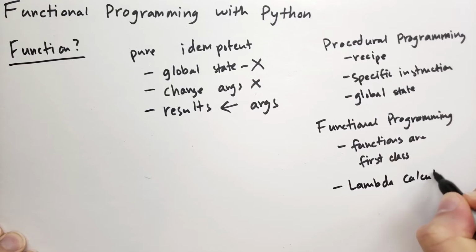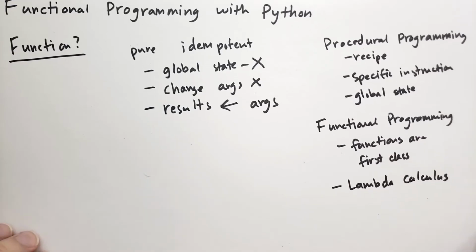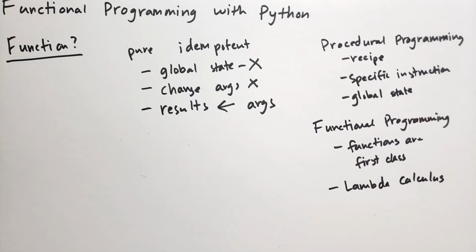Lambda calculus is a mathematical concept that was developed early in the 20th century. It describes a way to think about programs and a way to program using very simple rules of logic. If you get a chance, I would encourage you to take some time to learn lambda calculus. It's not really that difficult, especially compared to some of the other math subjects you've been exposed to by now.